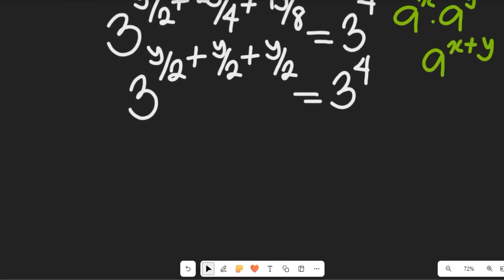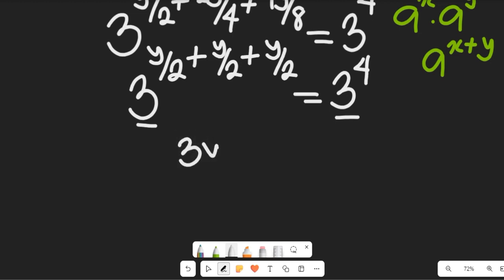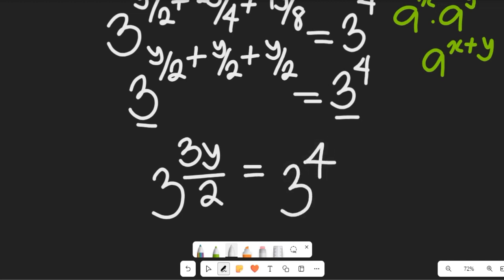Now, this is going to give us the same base, and because of that, the sum gives us 3y divided by 2, so 3 to the power of 3y divided by 2 is equal to 3 to the power of 4.